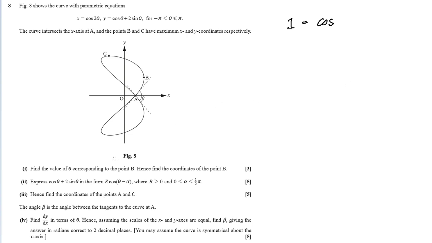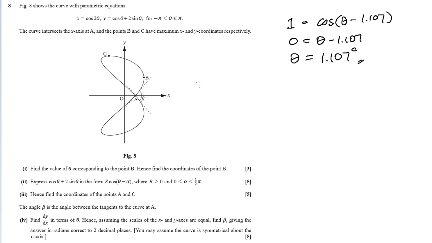So the maximum value will be 1 equals cos theta minus alpha, and we know alpha is 1.107 radians. By breaking this open, we can tell that, let's see, cos of 0 is 1, so theta take 1.107 is 0, and we know that theta has to be 1.107 radians.